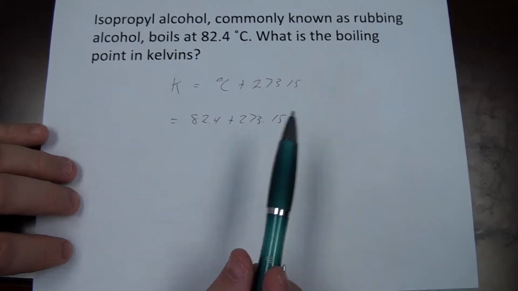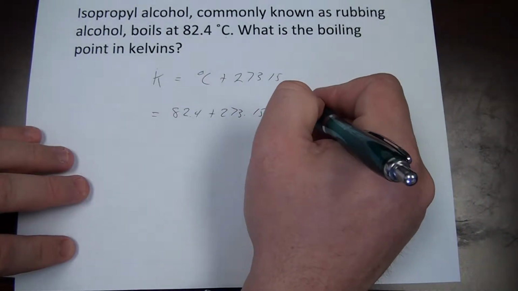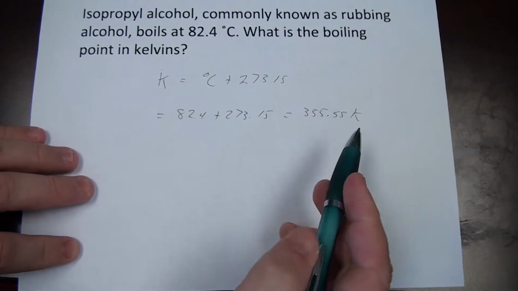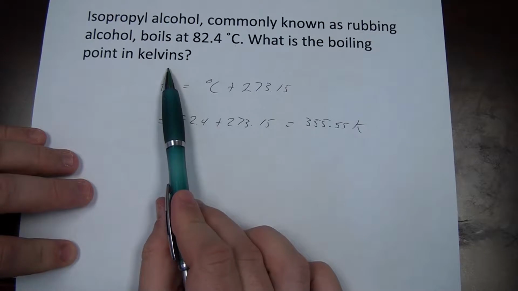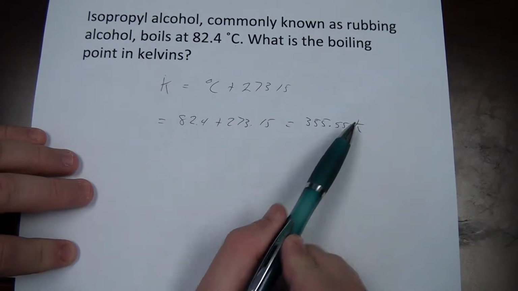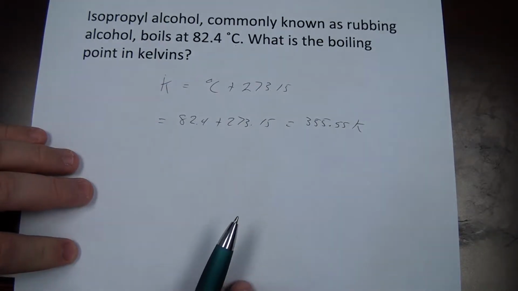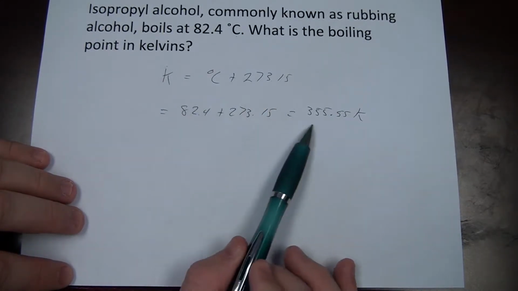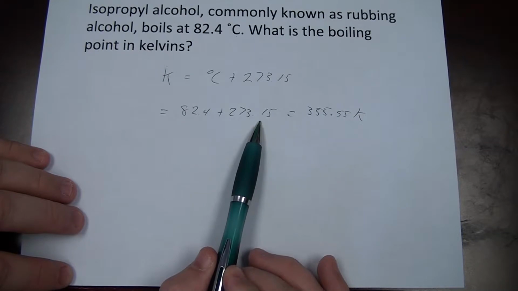So when we do that, we get an answer that is 355.55 K. Again, remember when we're talking about Kelvin, it's an absolute scale, so there is no degree symbol. We just use the capital K. But we also have to take into account the number of significant digits.